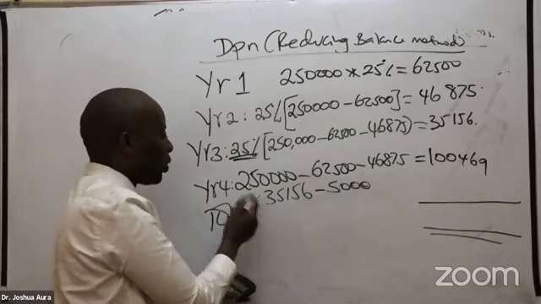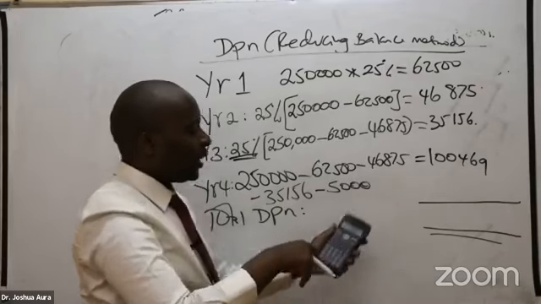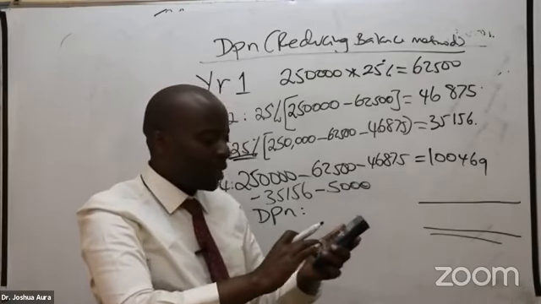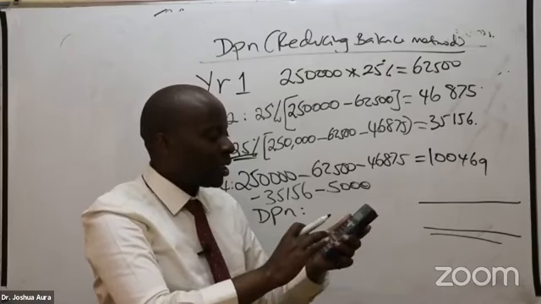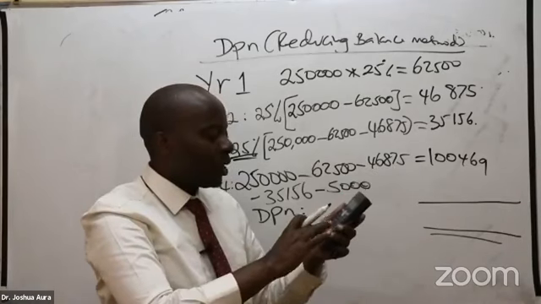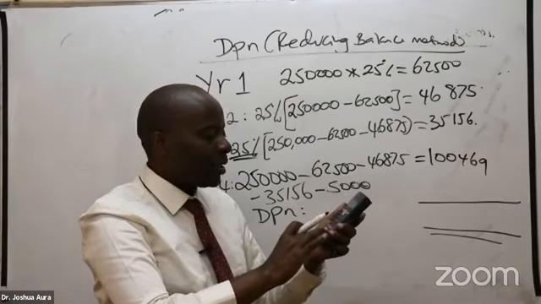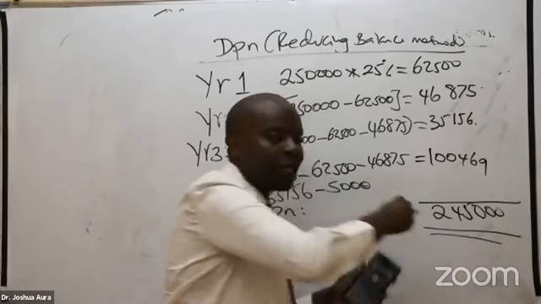And if you want, you can come and see whether you're correct by trying to do a small reconciliation here. Give us the total depreciation over the years. So over the years, take the figure that you have here, plus 35,156, plus 46,875, plus 62,500. This will give us total depreciation of 245,000 over the 4 years.